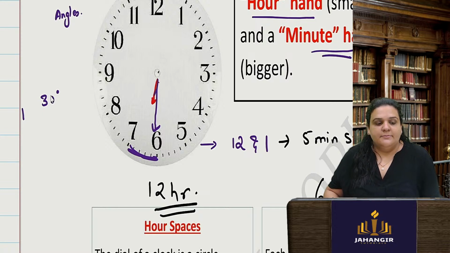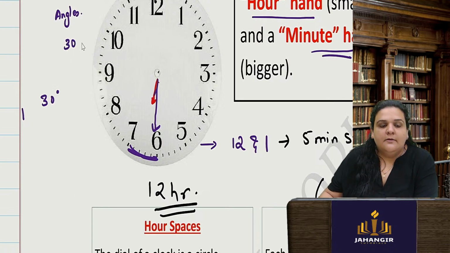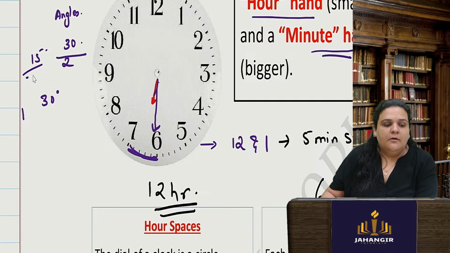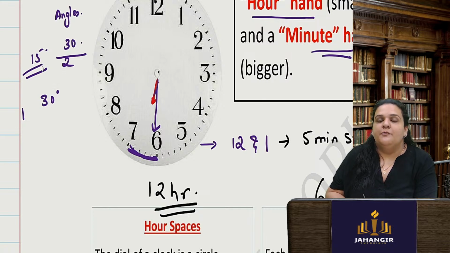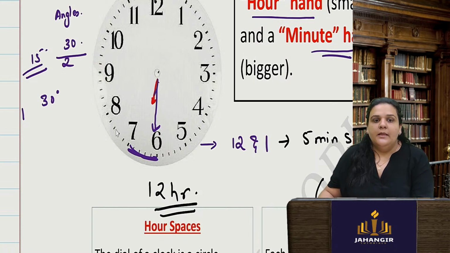Okay, it is making 30 degrees, right? And how many minutes is it? 30. Make it half. 15. I am showing you the tip to solve it in mind. How many minutes is it? 30. If it would have been 40 minutes, I would have made it half, it would become 20. Make it half, exactly half. 15 minutes. Okay.